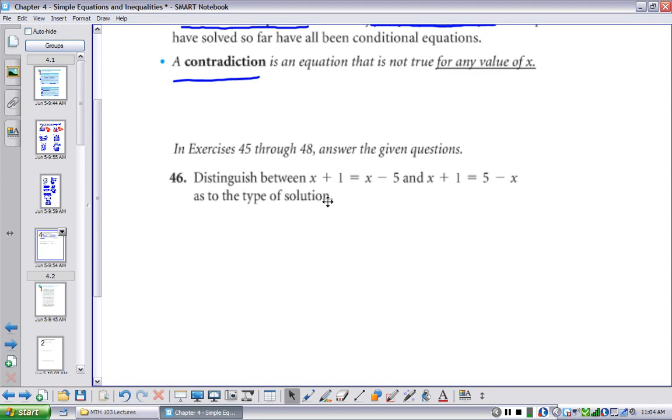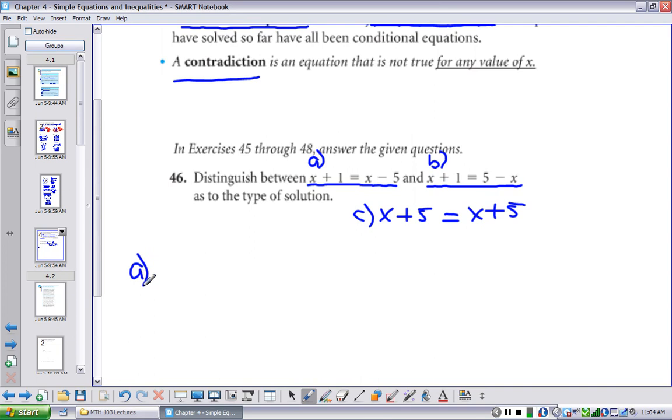We're going to look at this as our first equation. This is our second equation. And the third equation we're going to look at is x plus 5 equals x plus 5. So we're going to call this part A, part B, and part C.